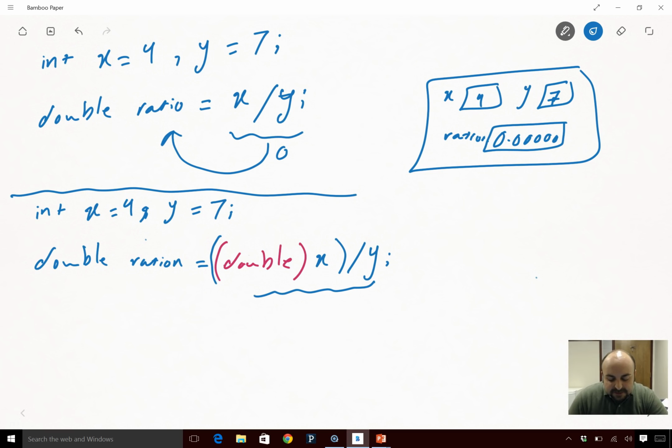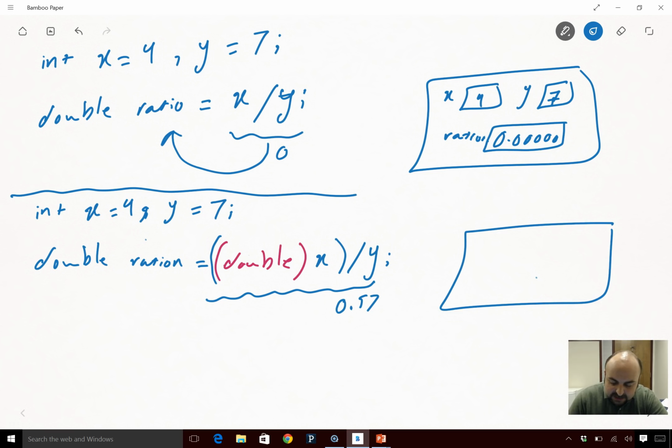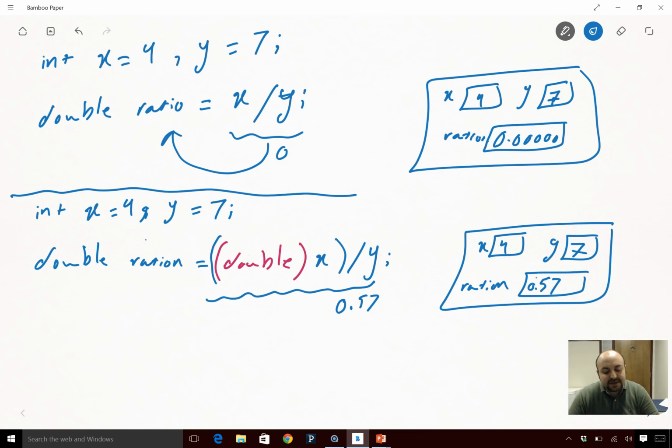Now the result of this is going to be real division, so the result is actually going to be whatever 4 divided by 7 actually is, which is more than 0.5, right? So let's say 0.57. So I'm still going to have x as 4, y as 7, and ratio is now going to be 0.57, because this is a real division, not an integer division.